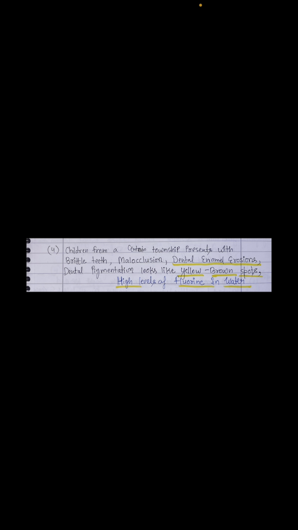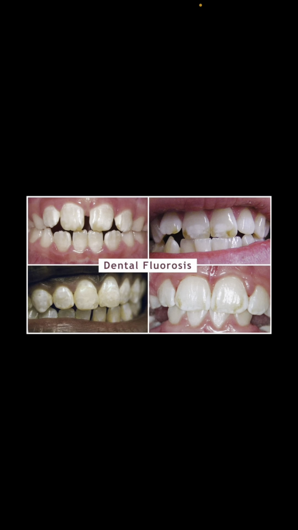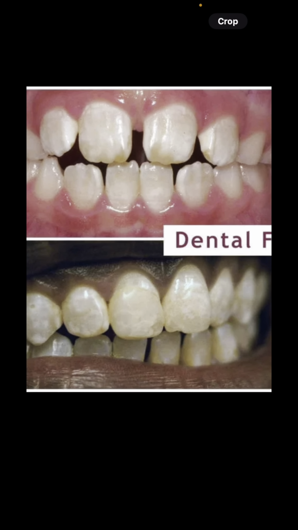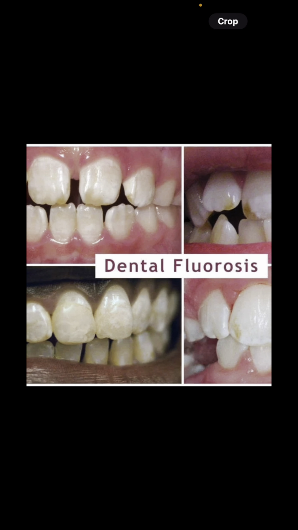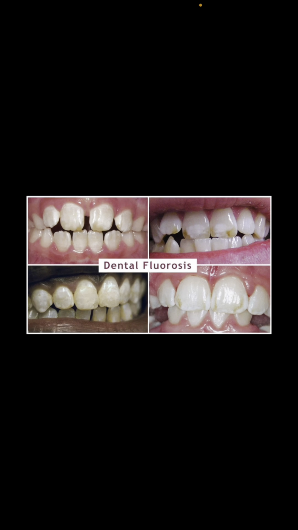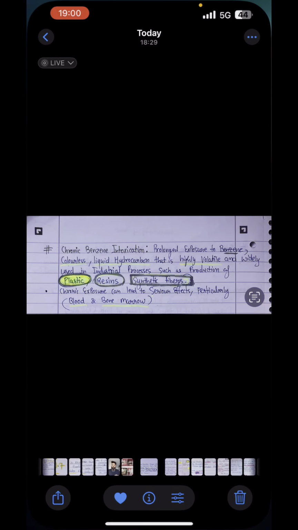This is the photo which you can remember, that dental fluorosis looks like this, or let's say fluorine intoxication turns the teeth like this. You can see the dental caries, and remember, through the pictures I have highlighted all the text of fluorine intoxication in yellow so that you remember well.